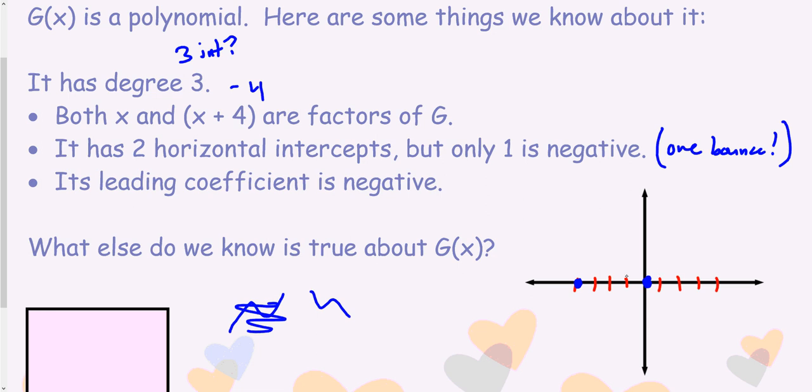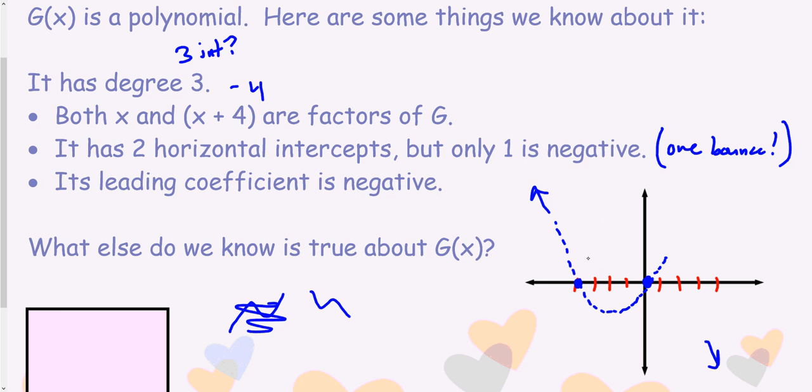So here's the thing. We know that the graph is going to do this and this. Now, here's the problem. It only has two horizontal intercepts. So I could pass through the first one, and if I attempt to pass through the second, in order to match the end behavior, I have to bring that graph back down again and cross the x-axis.